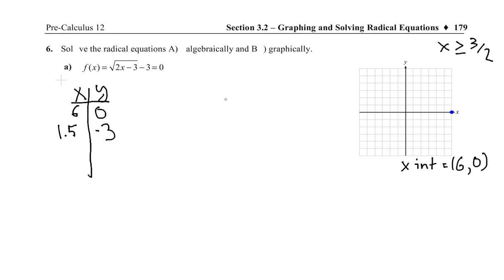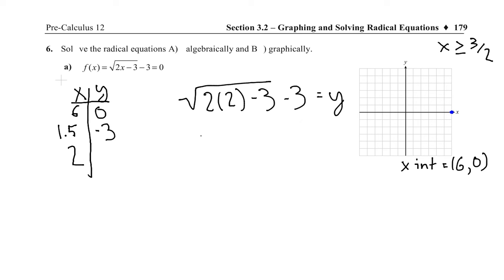So going with the trend, we want to continue using values of x that are greater than 3 over 2. Another good one to do is 2. So we have 2 times 2 minus 3, and outside of the radical minus 3 is equal to the y value. So 2 times 2 is 4, minus 3 is equal to y.